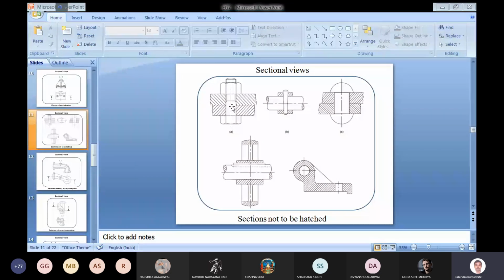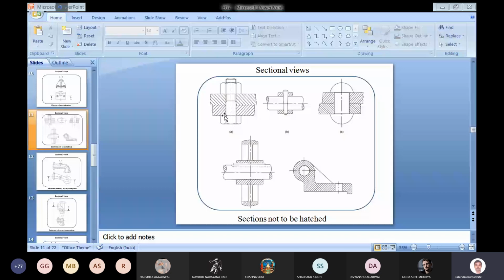So here hatching will be done only on the parts which are joined together by using the nut and bolt. Nut and bolt, that is a temporary fastener, we will discuss later on. Here is just an example of parts which are not hatched.